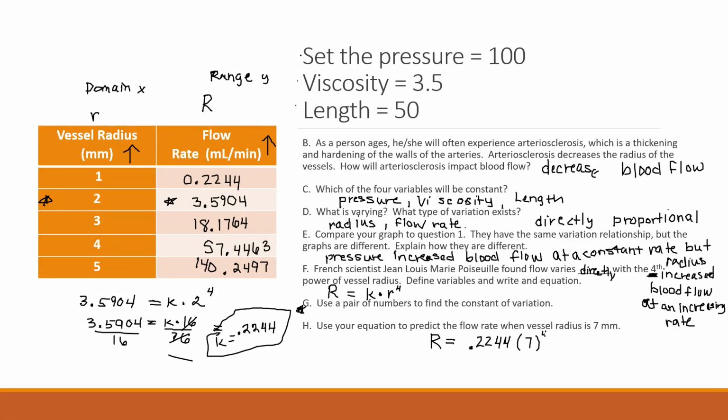And I do have to use that exponent of 4 to get my answer. So I'm able to type this into my calculator, and I get a huge number because it's a huge increase in radius. And that with that exponent of 4, that has a really big impact. So 538.7844.